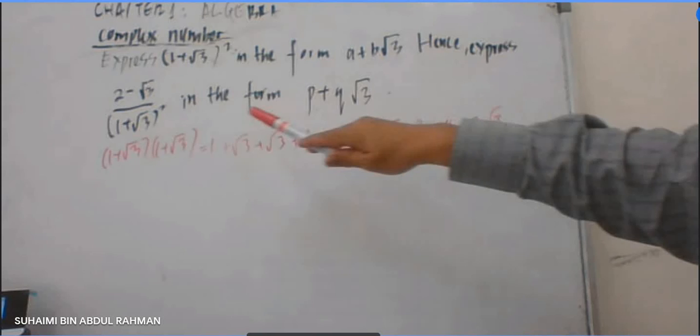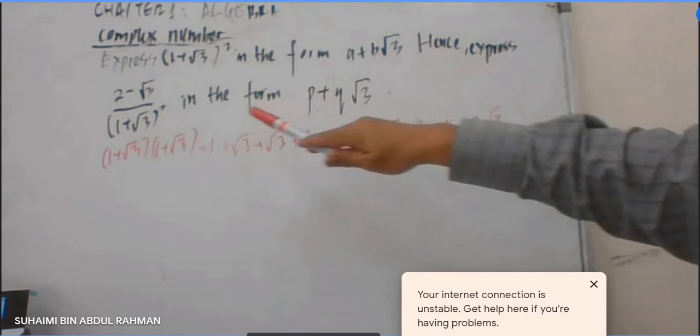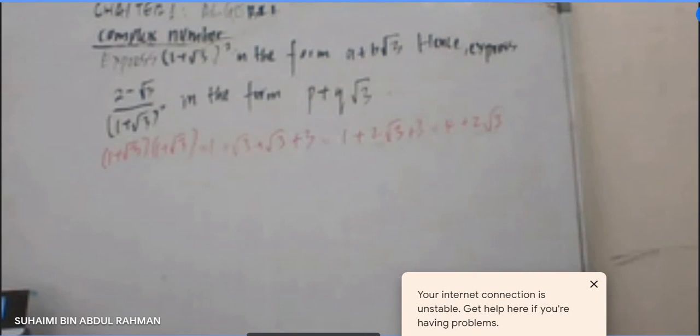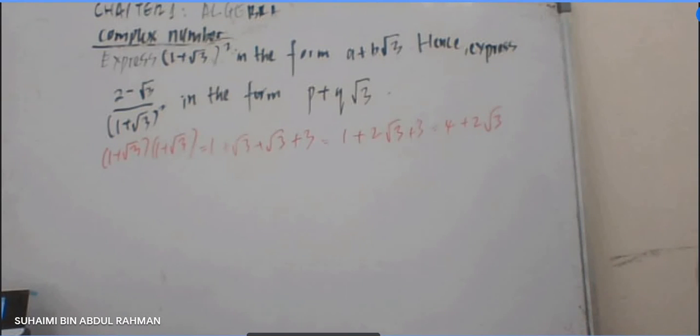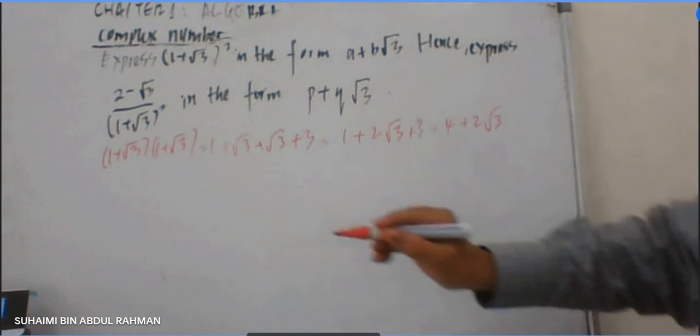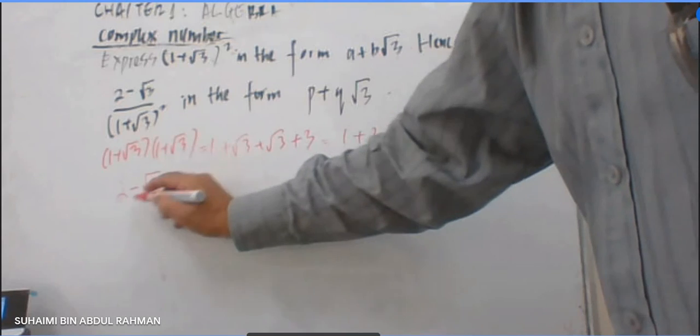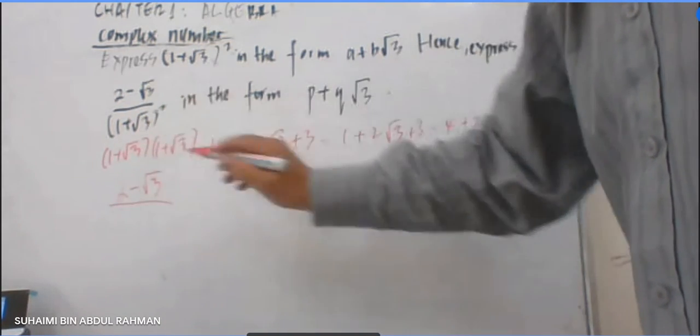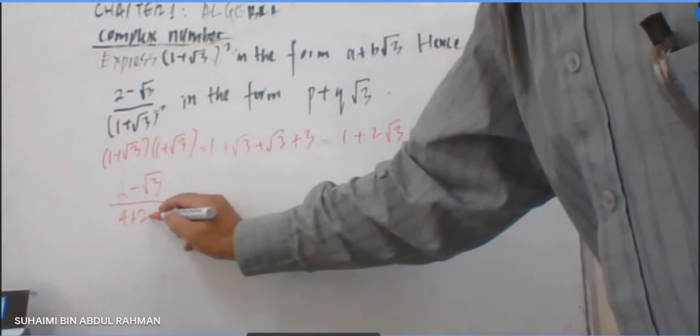To express 2 minus square root of 3 divided by 1 plus square root of 3 squared in this form, p plus q square root of 3, we already write the denominator as 4 plus 2 square root of 3.